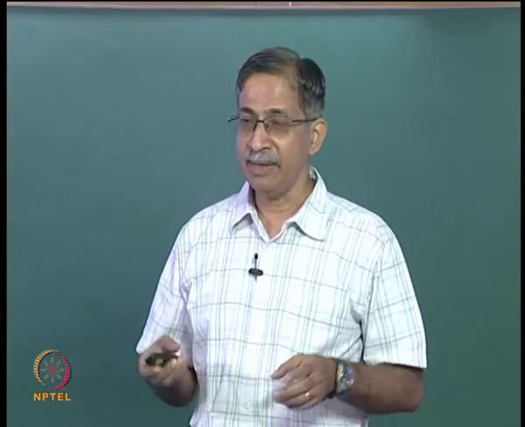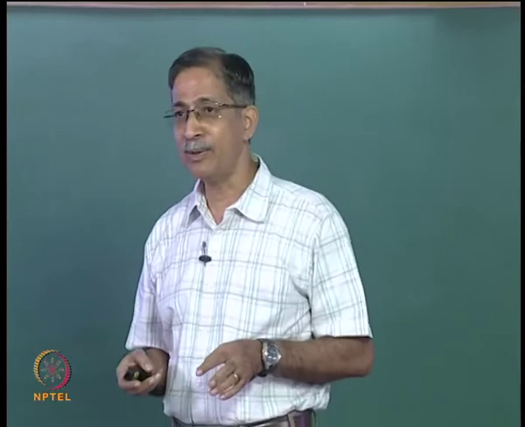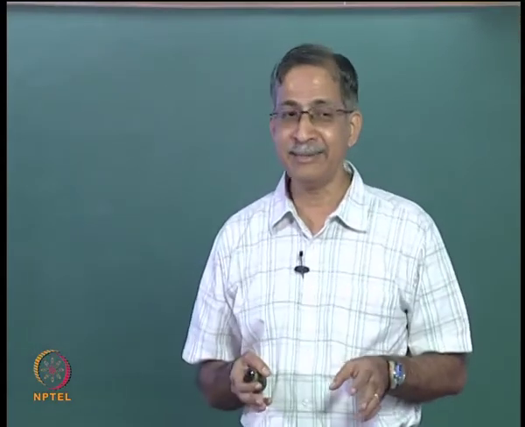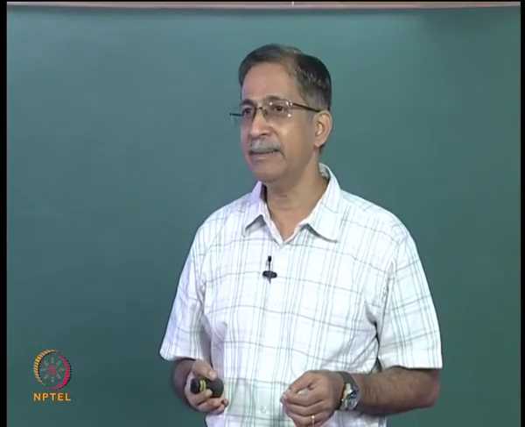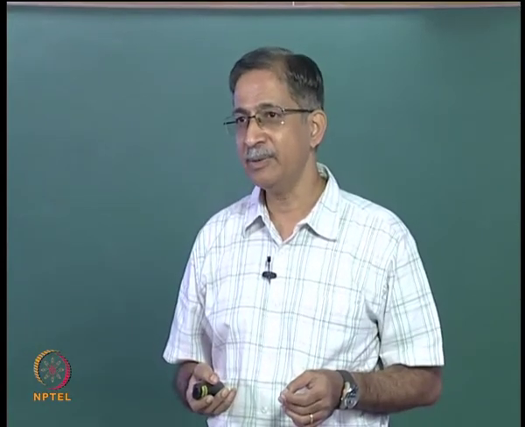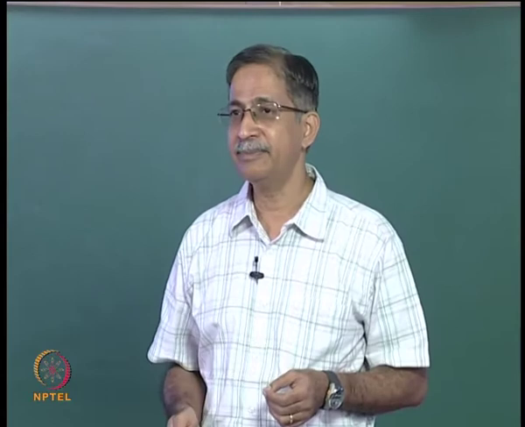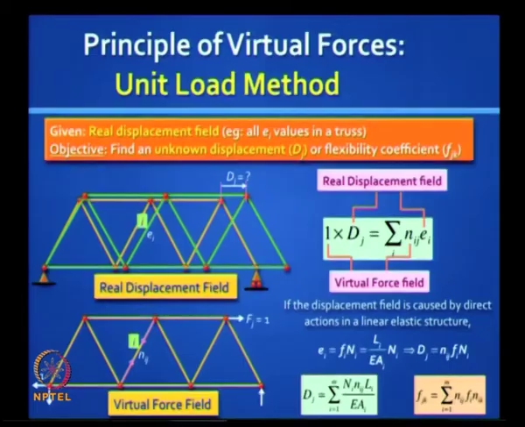Now if you are finding the unknown displacement in the loaded structure, here we are making the assumption of linear elastic behavior, because the modulus of elasticity comes in here, and so you will get this form for a truss. And you can now pull out the definition of flexibility coefficient from here, Fjk. How would you define Fjk?